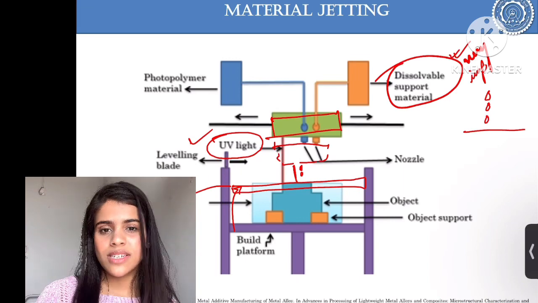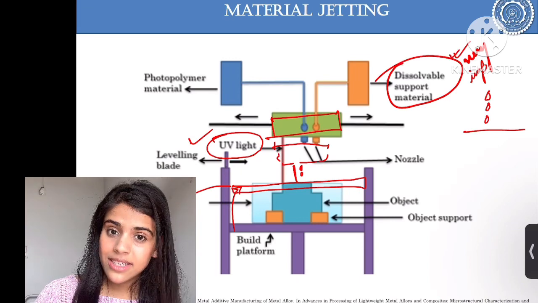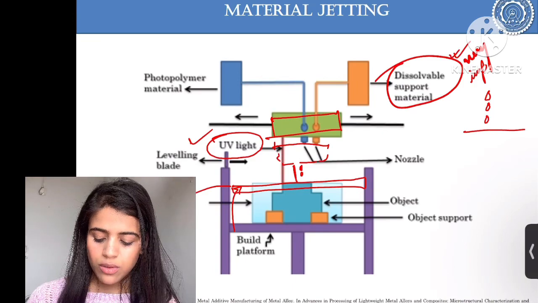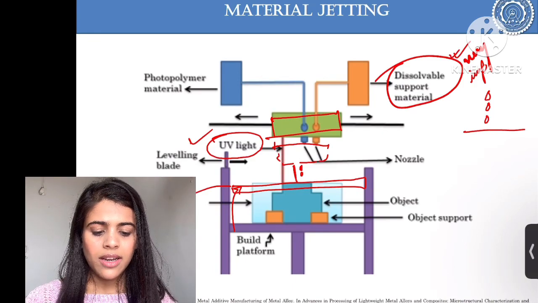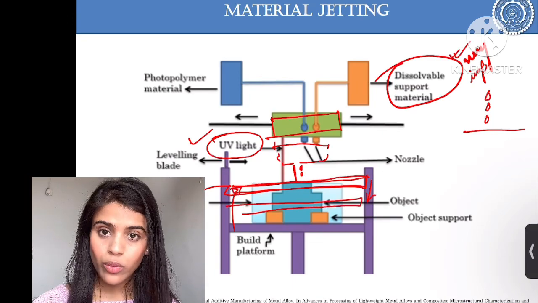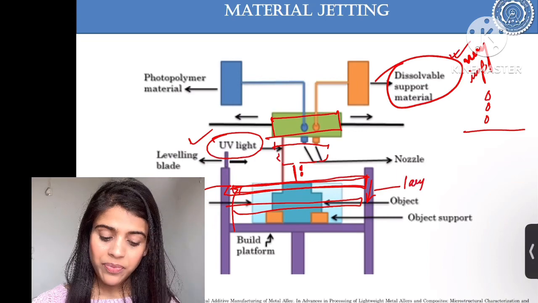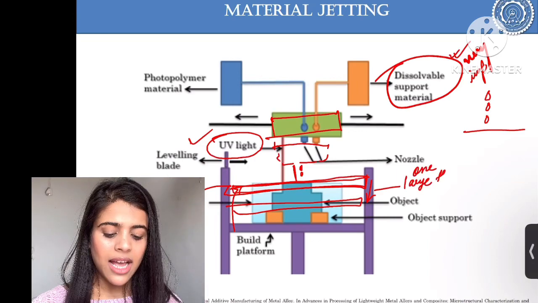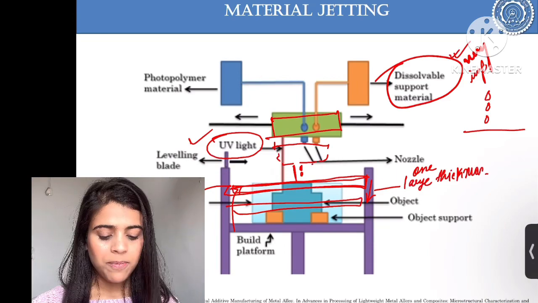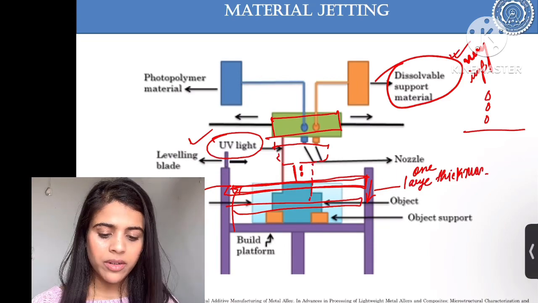You need to understand what a support structure is, why it is needed, how it can be given, and everything. So let's keep it aside for now. This is how the building platform will move downward with each layer thickness, and the whole process will be carried out, and the object will be formed.